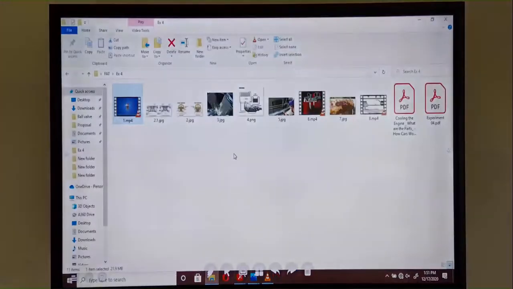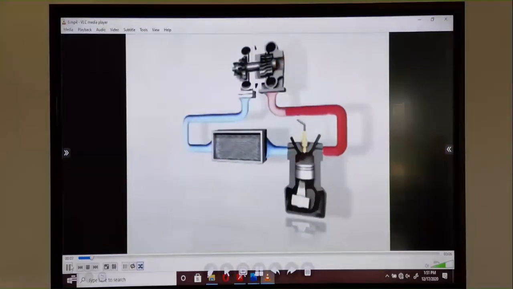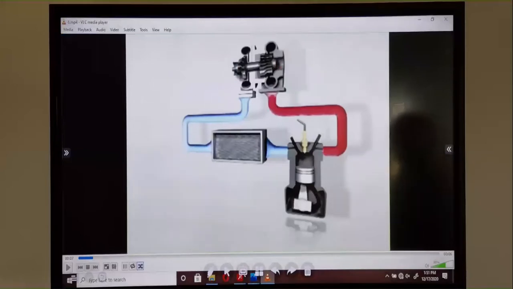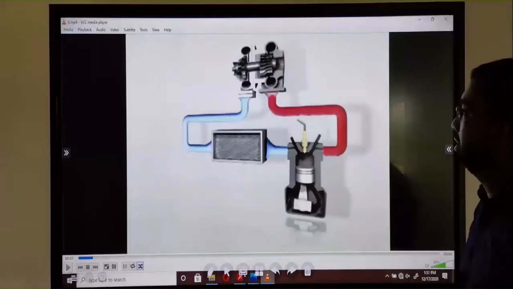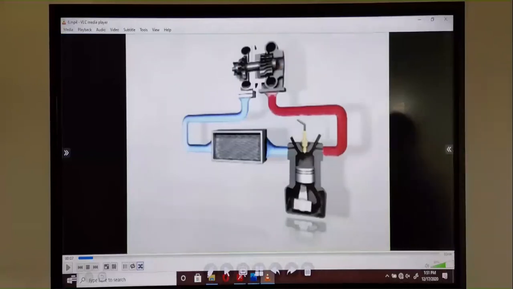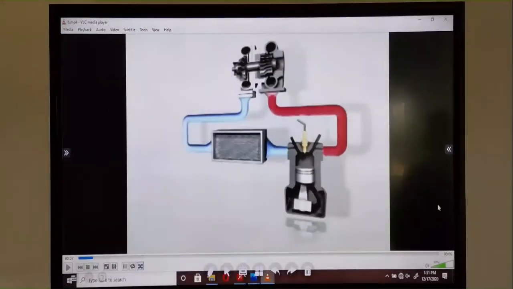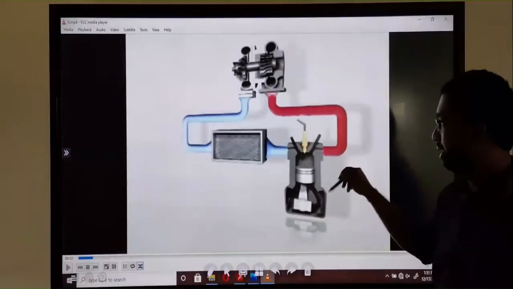Okay, let's see an animation. Here you can see this is the turbo. Why is turbo used? What is the benefit or advantage of the turbo system? Here you can see, you already know this area.